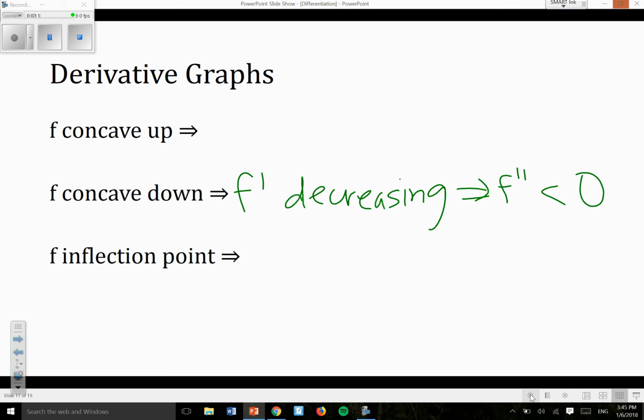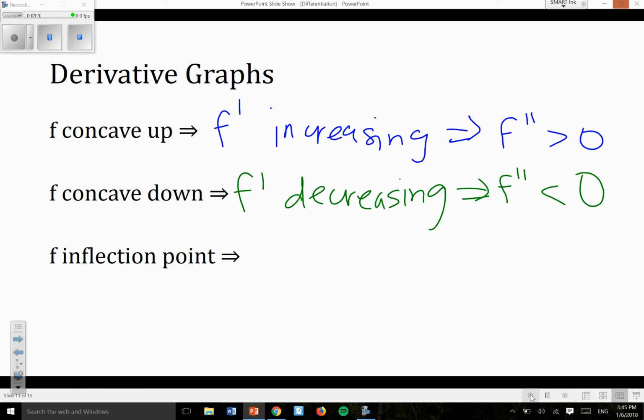It's below the x-axis. Let me go ahead and rewrite this up here. F concave up means f prime increasing, which means that my second derivative graph is greater than 0 or above the x-axis.